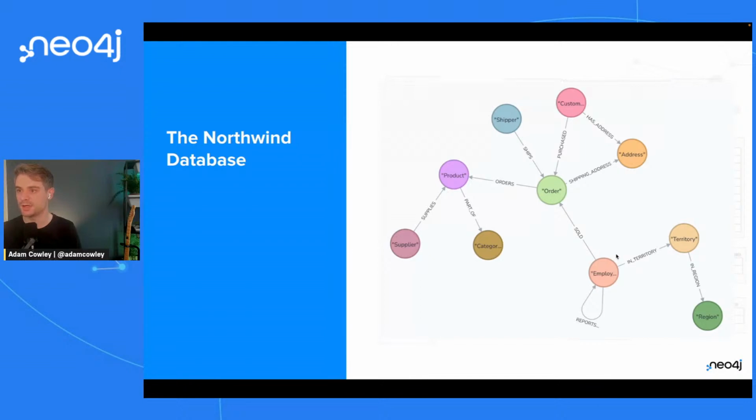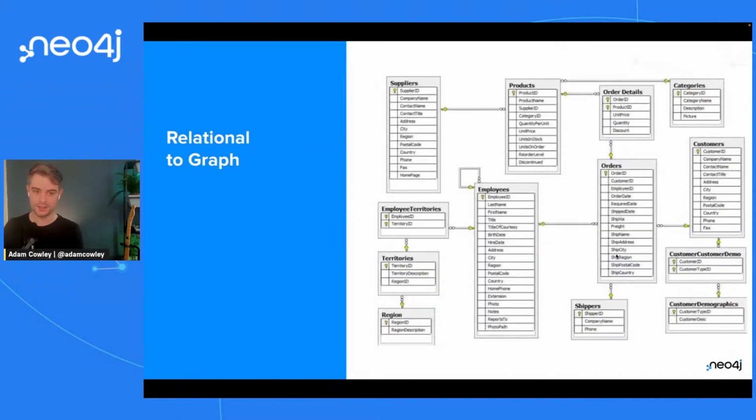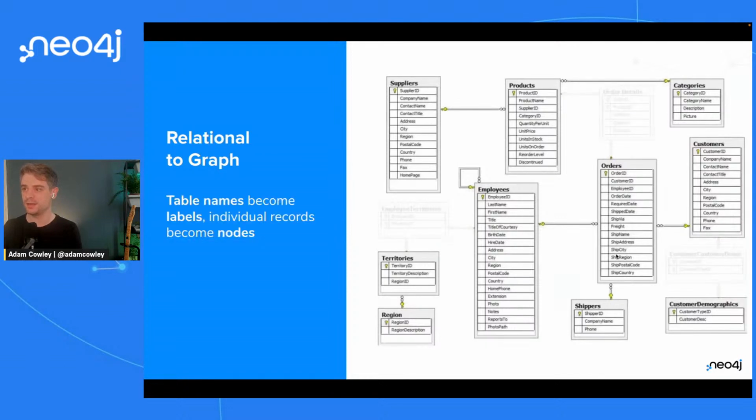We want to turn it into a structure of nodes and relationships. Now, there are easy ways and hard ways to do this. To look at the easy way, we could essentially just take the tables, or the majority of the table names, and convert those into labels.